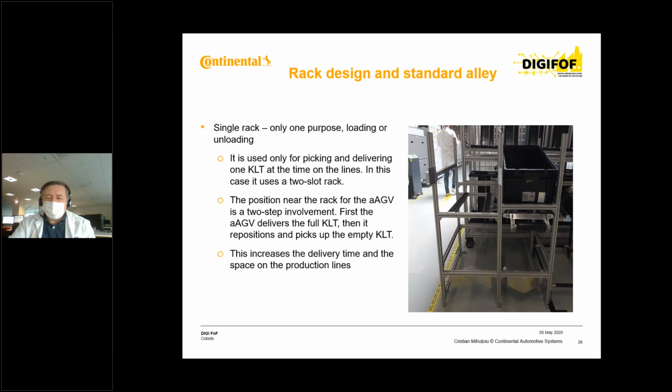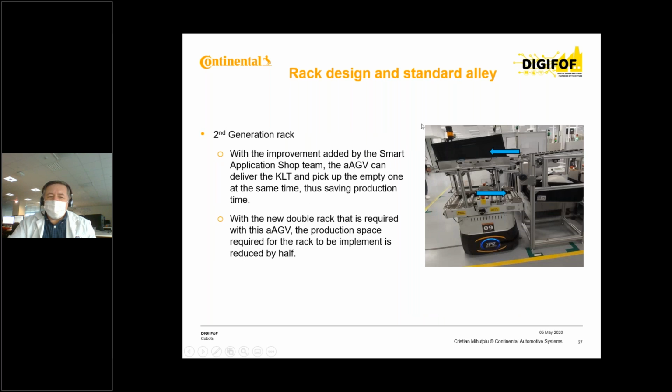We have also a system with double decks, where the AGV drops the full KLT and then unloads the empty one. In this case space is much more optimally utilized. The AGV doesn't need time to reposition, but the superstructure is a little more expensive, and you need more sensors, more details on the superstructure, which makes it a little more expensive and a little heavier.